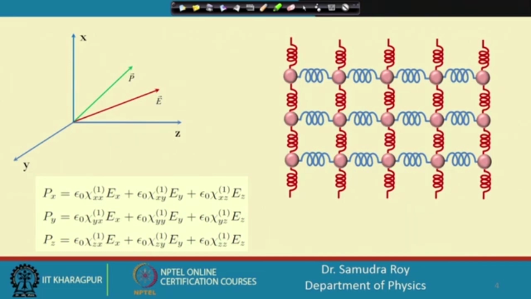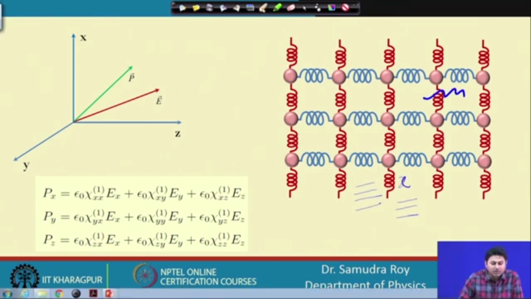This is also a figure that we have shown. In the left-hand side figure, the applied electric field and polarization are not in the same direction, they are not collinear, and the reason is shown in this figure. Here we can see in this matrix some points, and these points are associated with the corresponding charge.